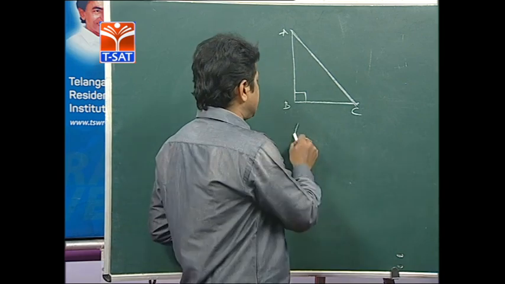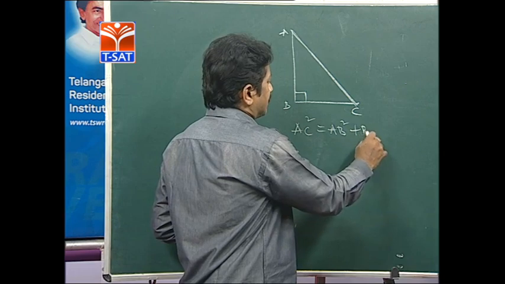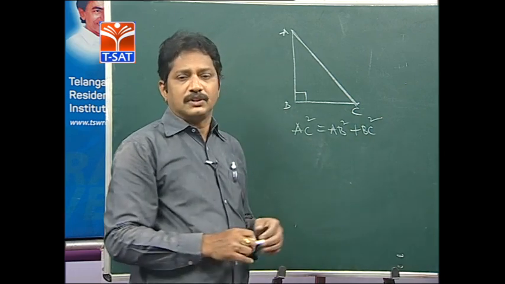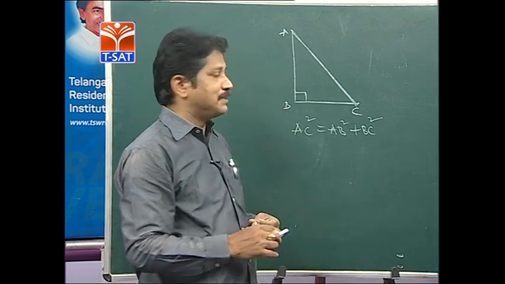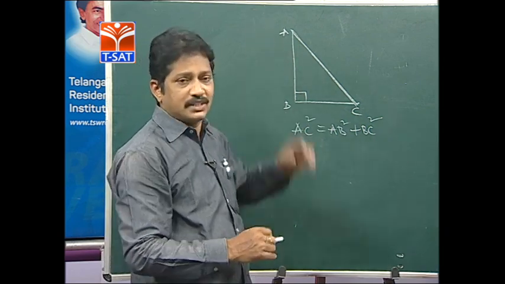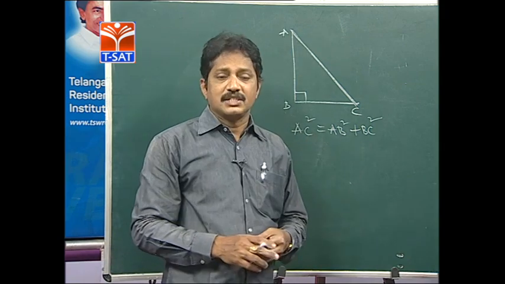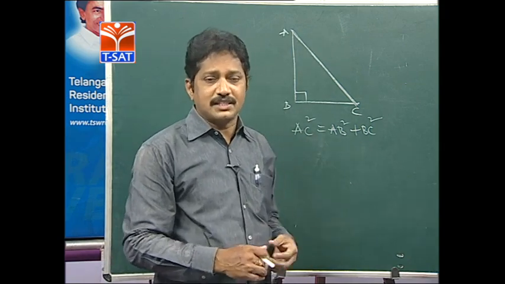Simply you can say AC square is equal to AB square plus BC square. This is the most important. This is called Pythagoras theorem.